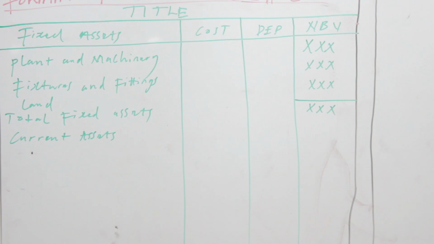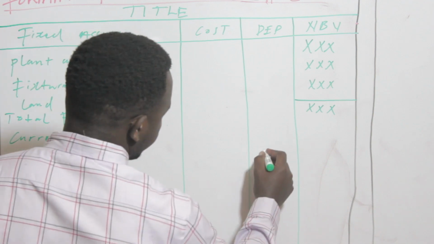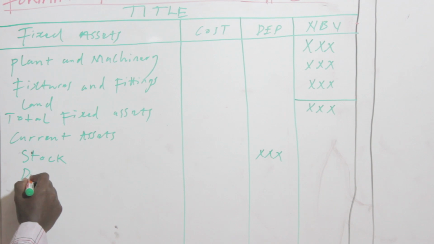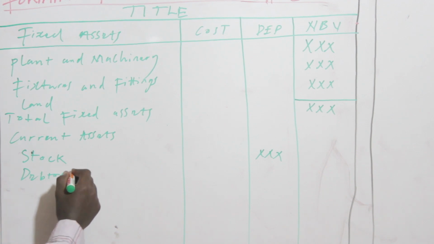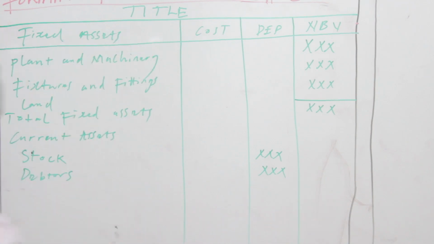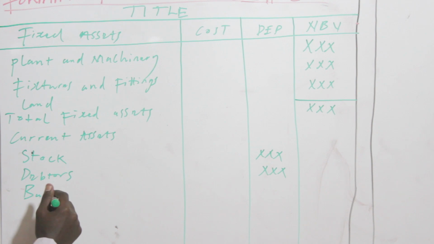And for current assets here, we know we have stock. And stock, we mean closing stock. So we're going to put our stock here. Then we also have debtors. So for debtors, we put here. Then we have bank, which is cash at bank.